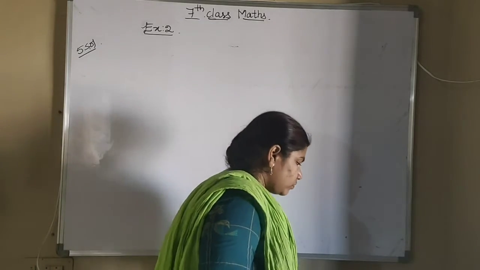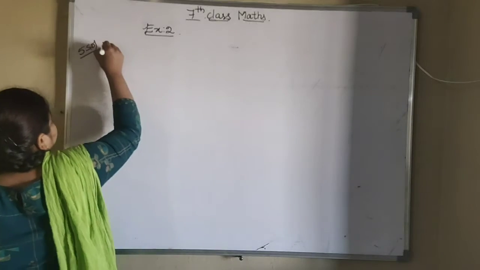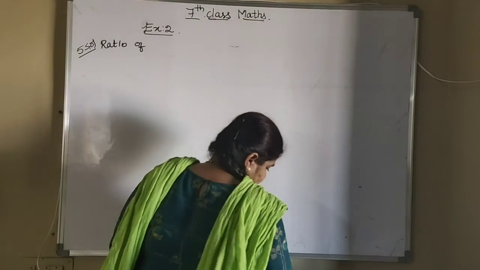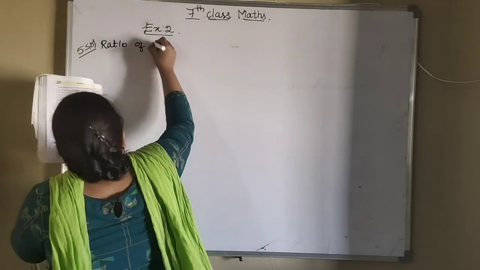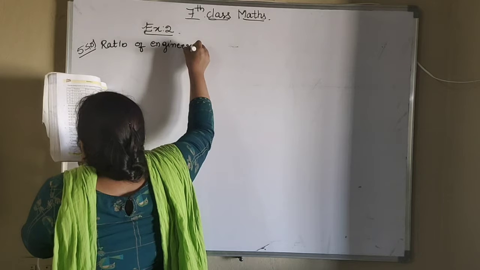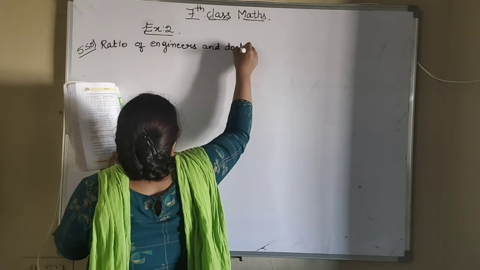So first write the ratio of engineers and doctors. What is the ratio they have given?